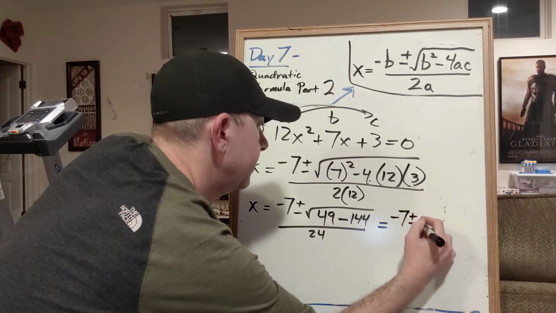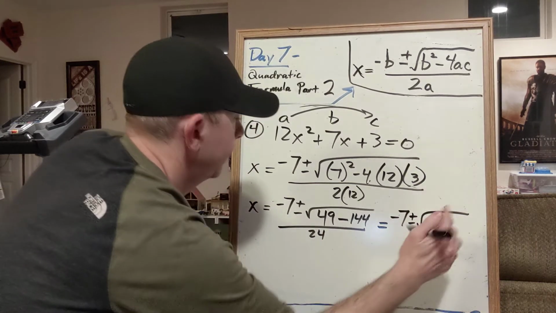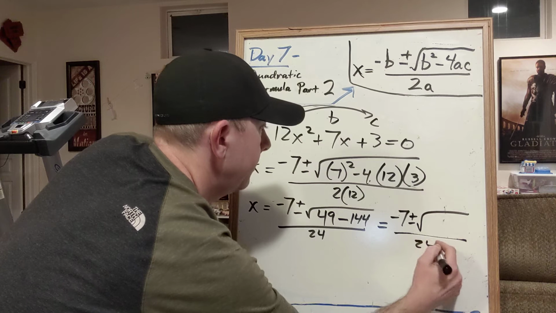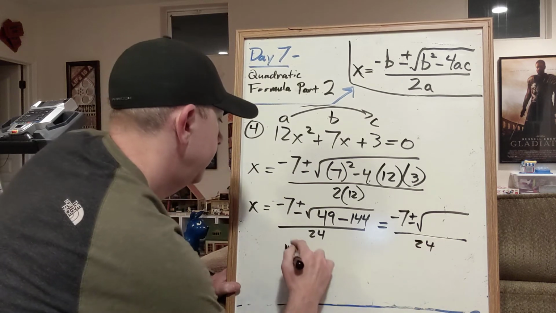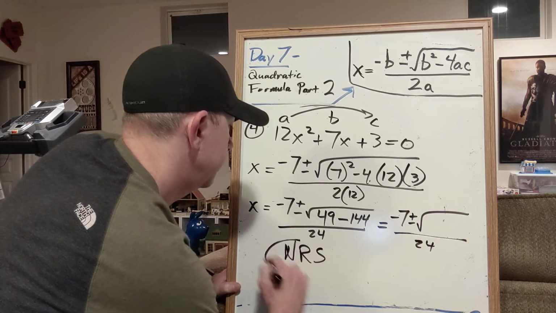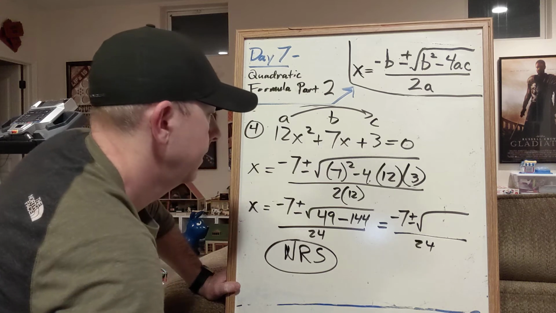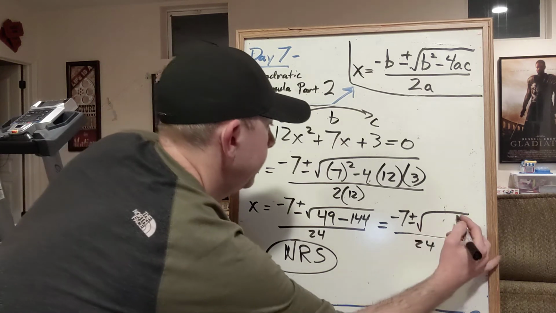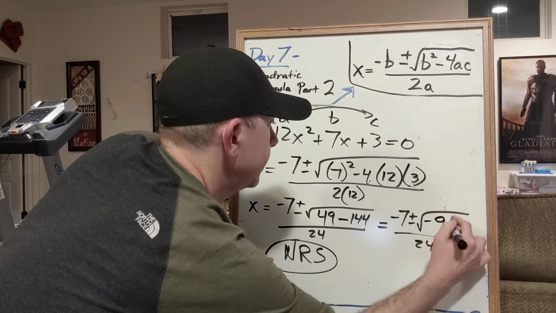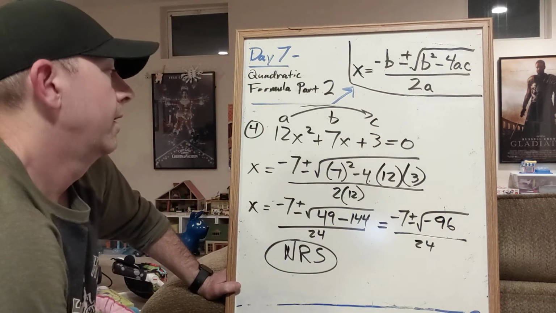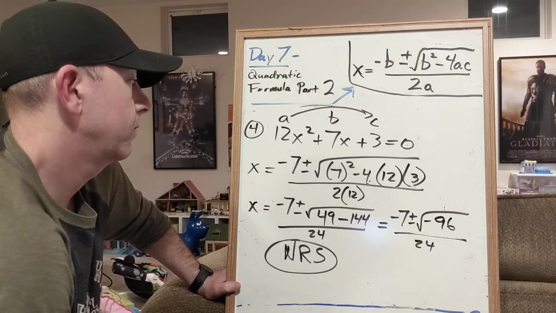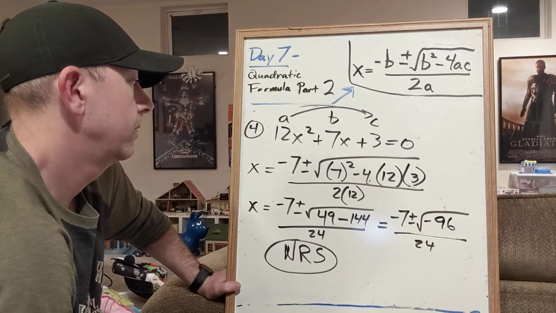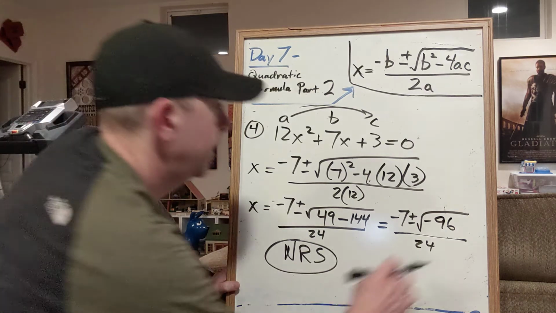So -7 plus and minus, we get a square root of a negative. Whatever it is, it doesn't matter now because it's going to be no real solution. NRS. What would that be? -96, I believe. So, oh, -95.